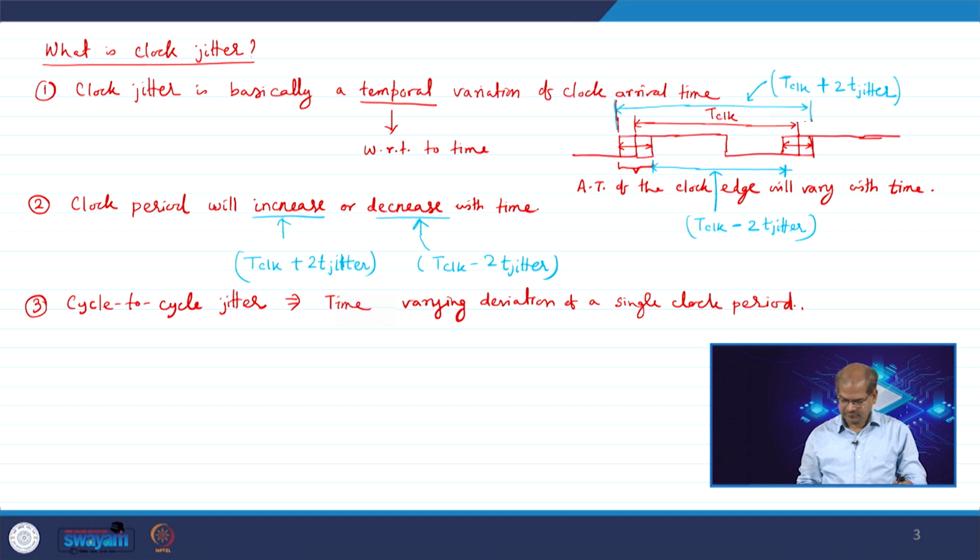How can we model this? Because it is there, we need to model it and use it in our simulation.